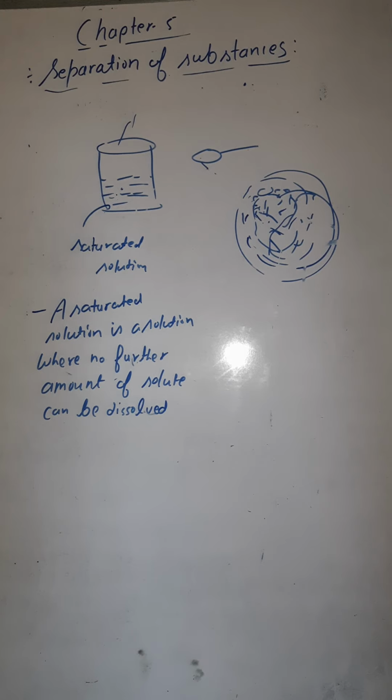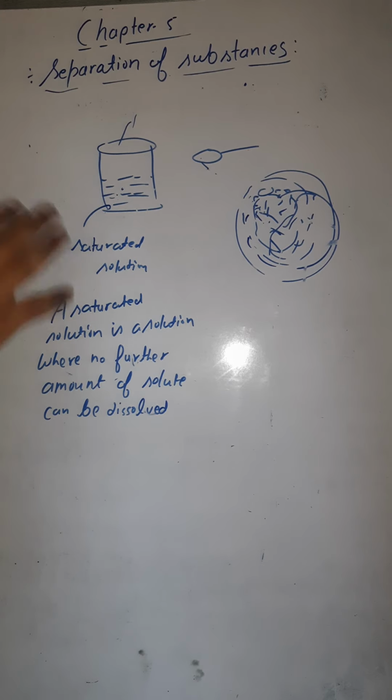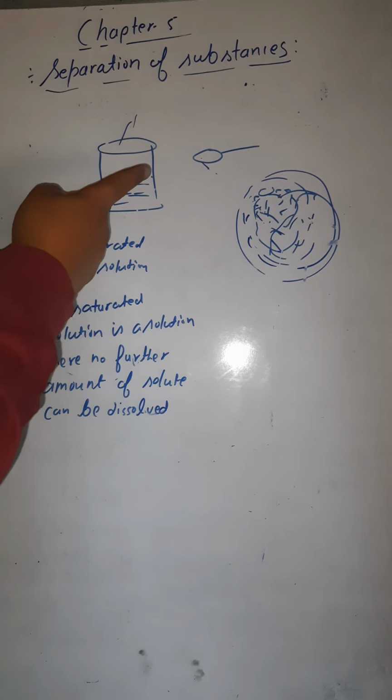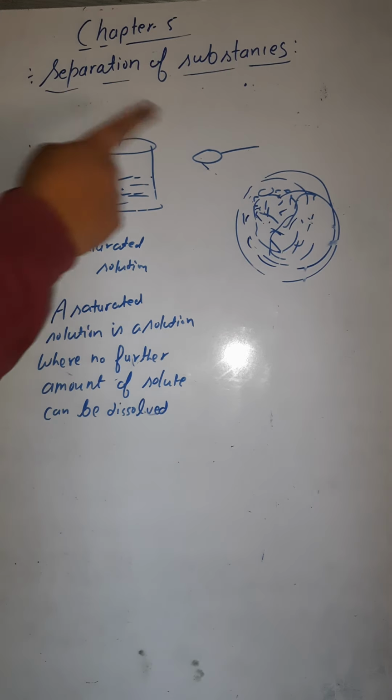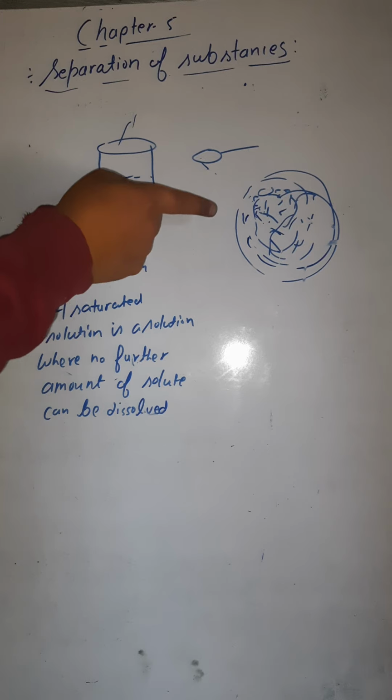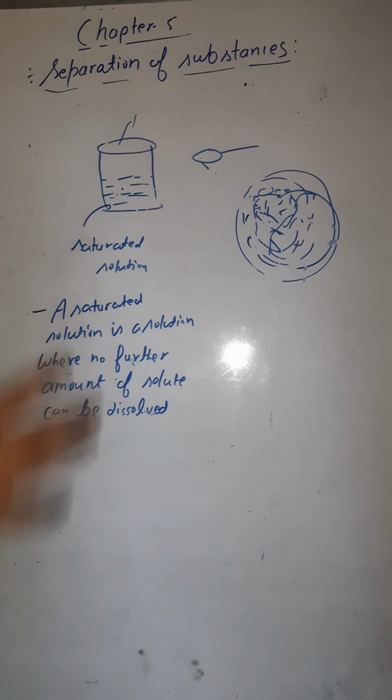Yes. Now the level of saturation of a saturated solution can be increased also. Let's say suppose 5 spoons is the limit. Only 5 spoons can be dissolved in this solution.